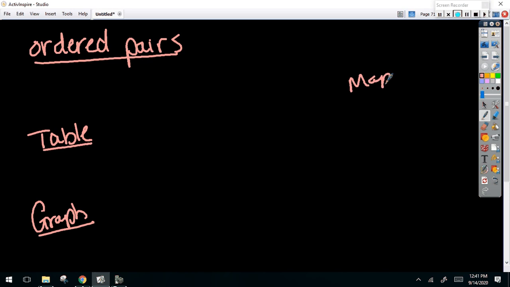The goal here is that if I give you a relation in any of these 4 forms, you can describe the relation in all 3 other forms.